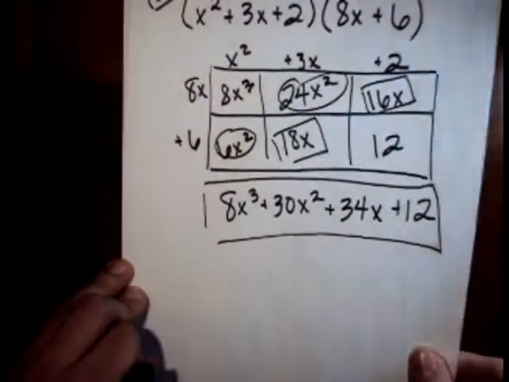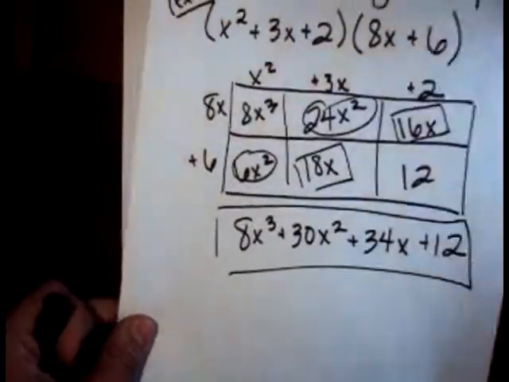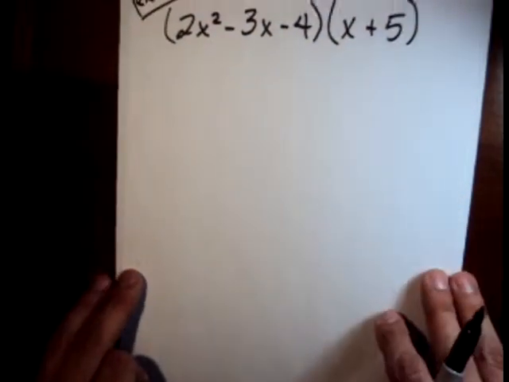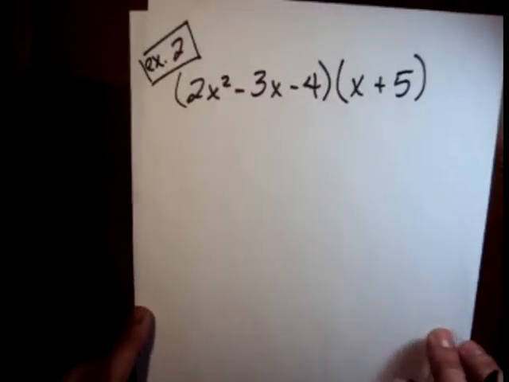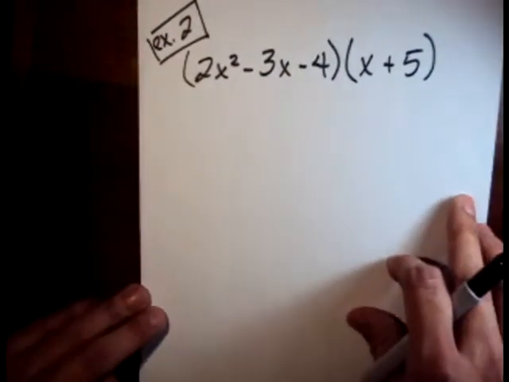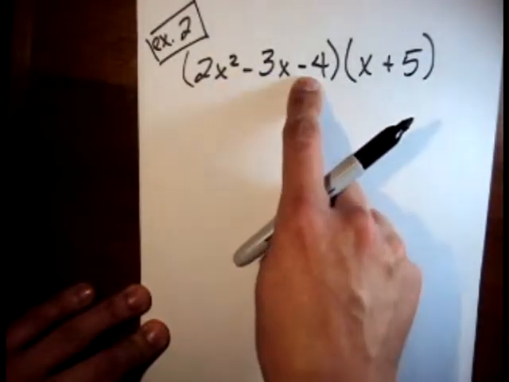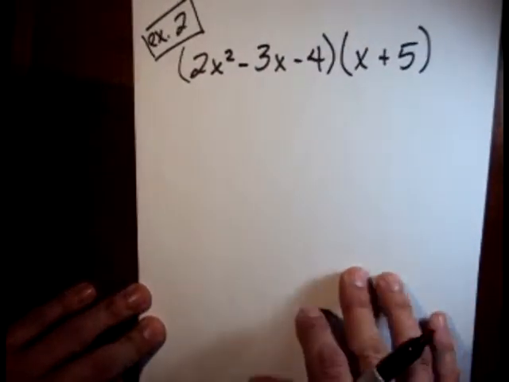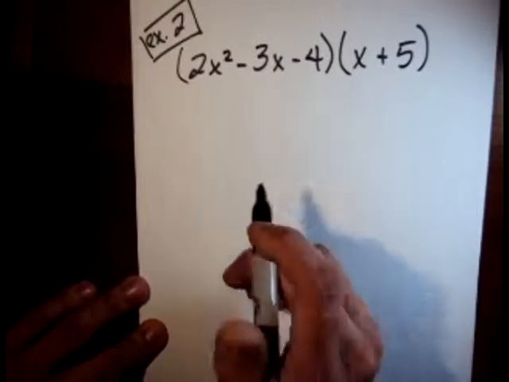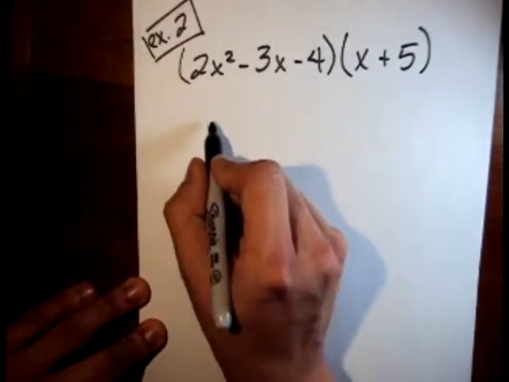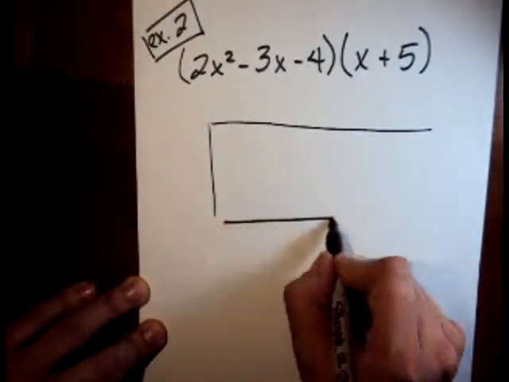So let's take a look at another example here. Kind of one of these trickier ones that involves a trinomial instead of a binomial. So this one has more negative signs involved, and that's why I selected this one. So for our second example, again, we have to draw an expansion box.